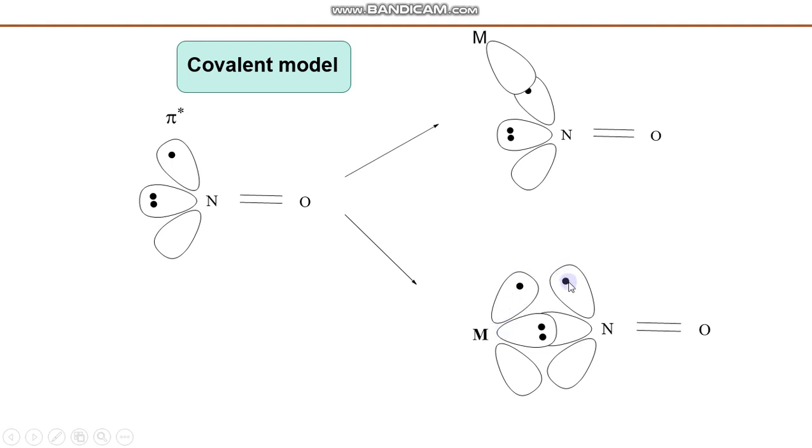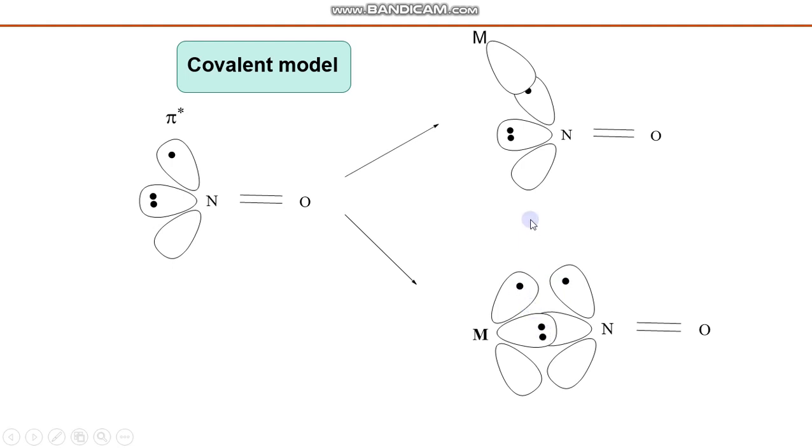And if the electron density lies above or below the bond axis, between the two bonding species, then such a bond is normally called a pi bond. So the metal will now establish two bonds with nitrosyl. One is a sigma bond and the other one is a pi bond. And if you look further into the details of these bonds, this is a coordinate covalent bond and this one is a purely covalent bond.